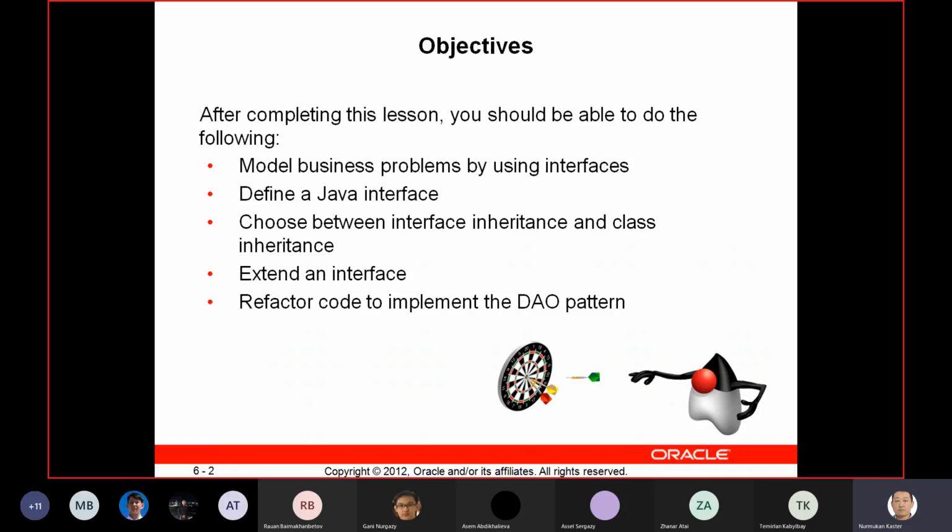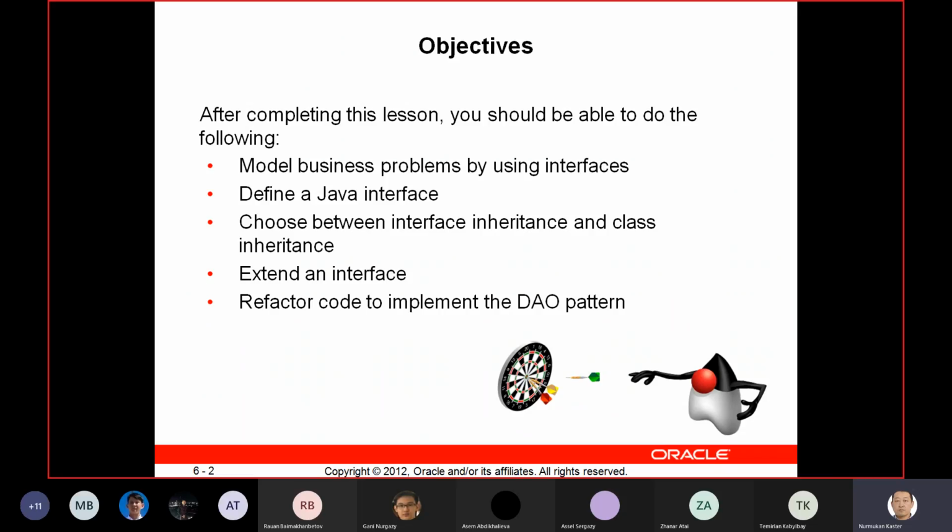Of course, defining a Java interface, at the programming level, has a grammar. As I said, there is a keyword, and the keyword is interface. Of course, an interface must be implemented. It uses the inheritance feature.